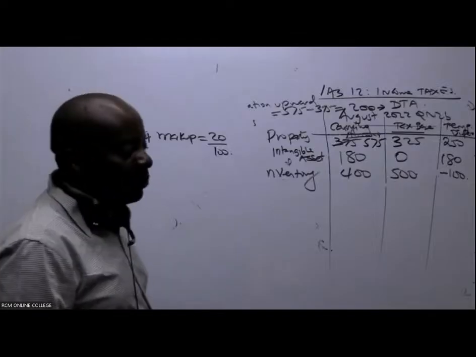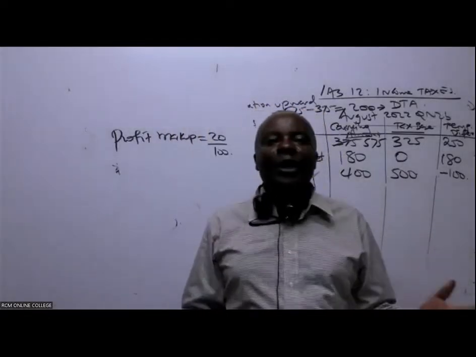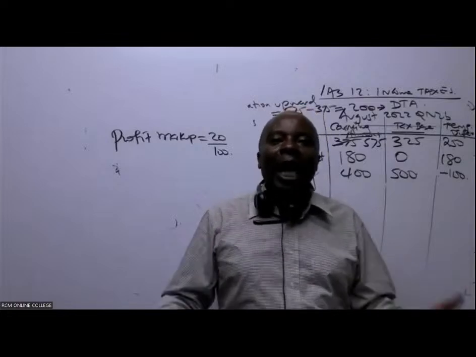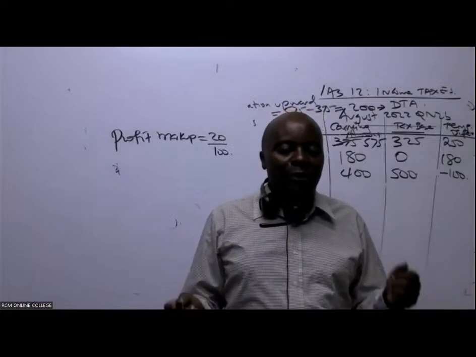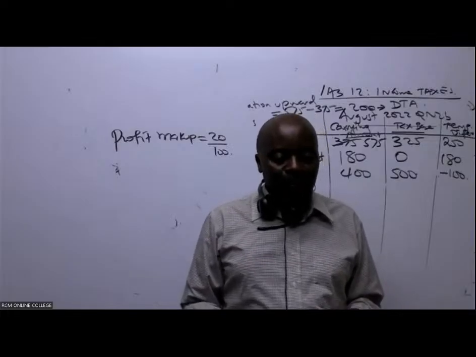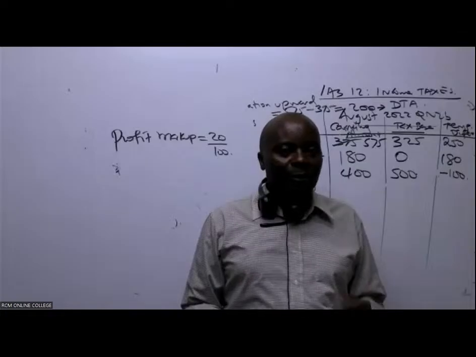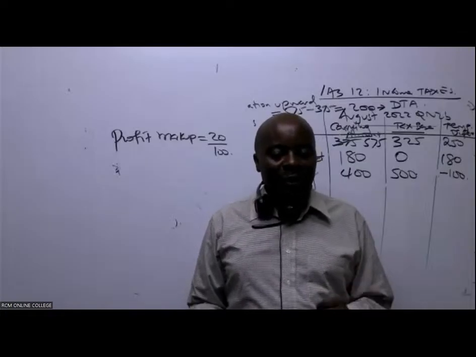So when they tell you the profit markup is 20%, and I know that to get UPS I need the profit margin, what shall I do? If my profit markup is 20%, what do I do for the profit margin?